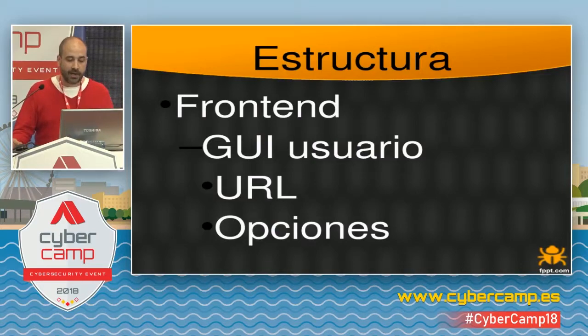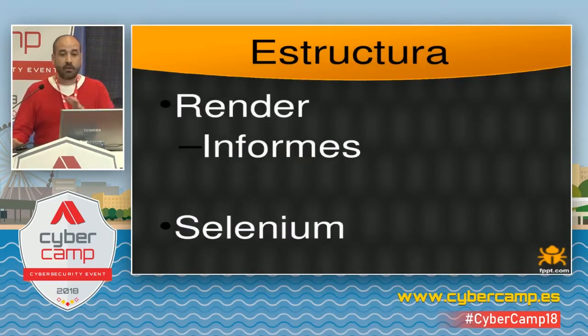At the front end, we have the GUI for the user, where you can include the URL that you want to check and different options to choose from. Then we have a standalone area that we've called render, in charge of report writing in two different formats.